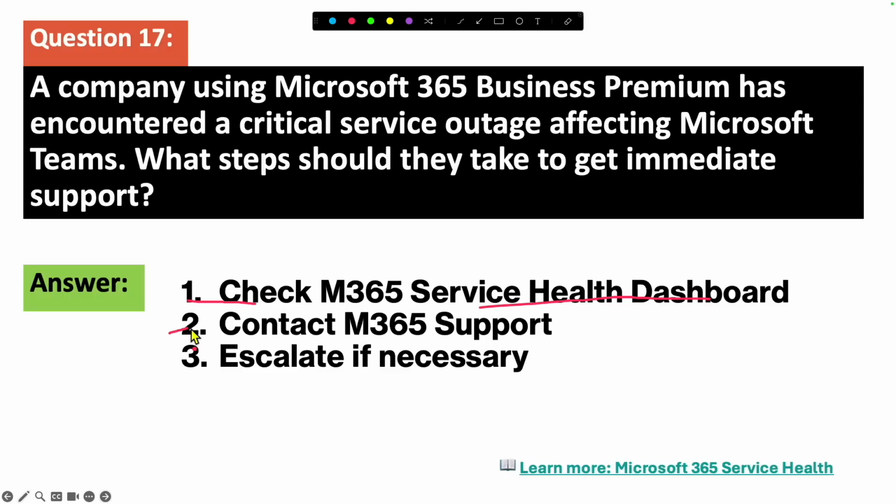Do you have the Premier support, or do you have the Unified support, or are you part of the Standard support? Based on that, the SLA might vary as well when you reach out to Microsoft. The last point is to escalate if necessary. If you have a Premier support or Unified agreement, then you would be able to escalate it. I think in Standard as well, you can escalate it if you say that it's critical and you want to change the priority or severity of the ticket.